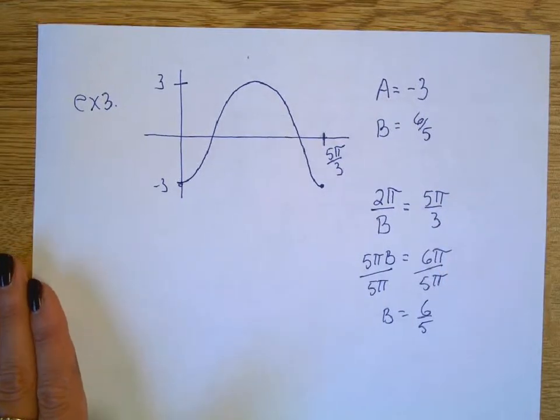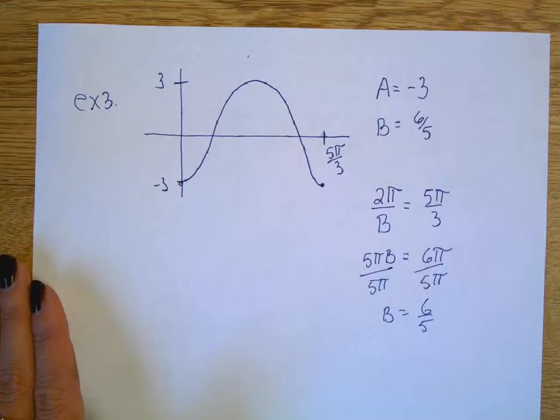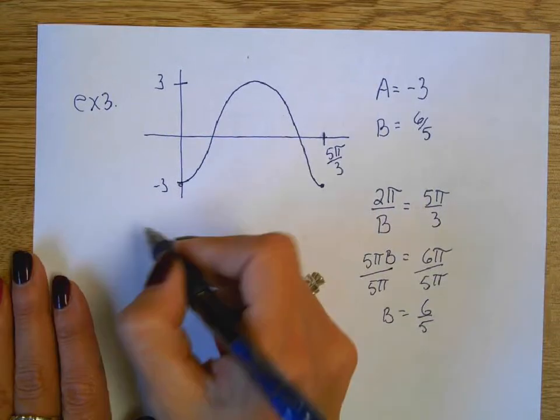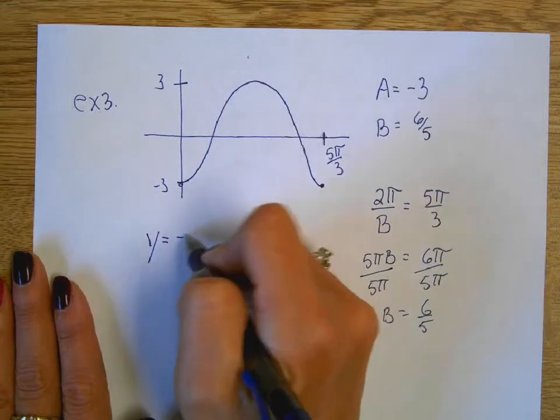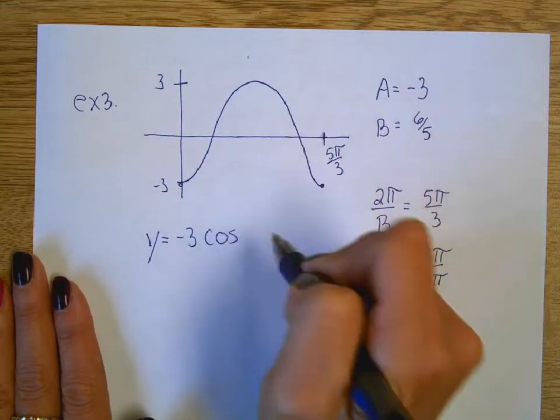So B is 6/5. So our equation is y equals negative 3 cosine 6/5 x.